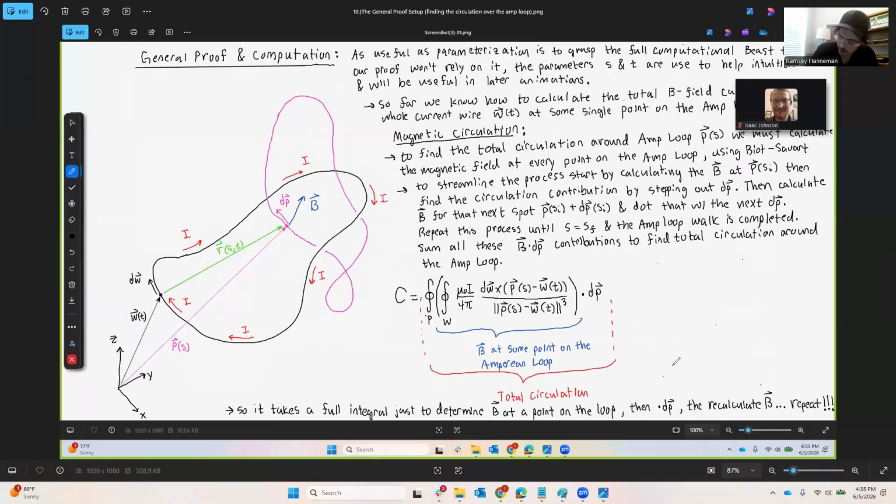All right, next up, we got to find the circulation. And to find the circulation, you have to integrate the full wire to find the magnetic field at a single point, right? That's what this is. This integral just finds the B field at some point on the Amperian loop.